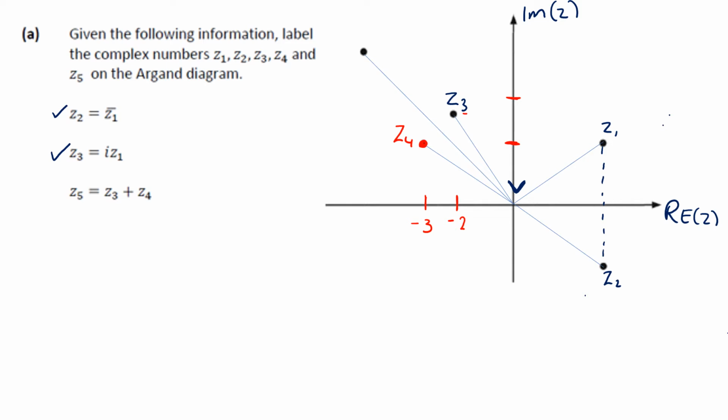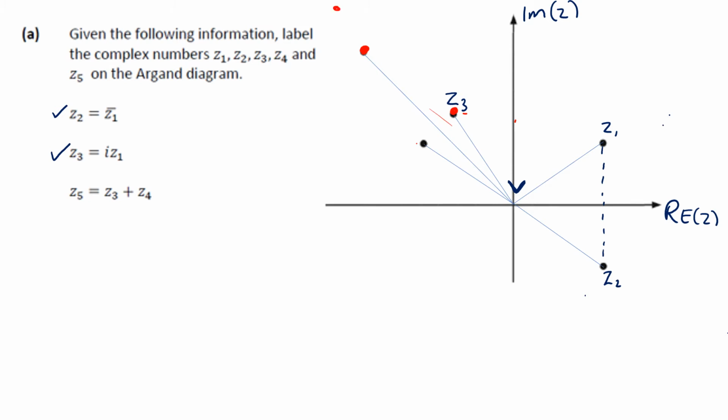So this seems like it works, because if we think about this Z3 plus Z4, it would lead us to a Z5 up here. If I were to add this point here, so let's get rid of these for a sec. So if I was to add this point to this point, we'd end up with something much longer.